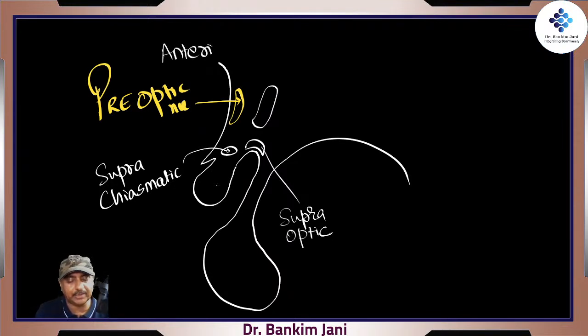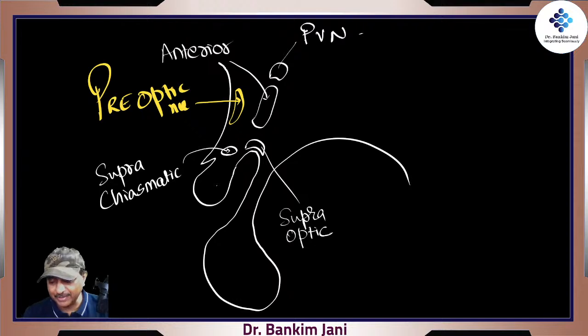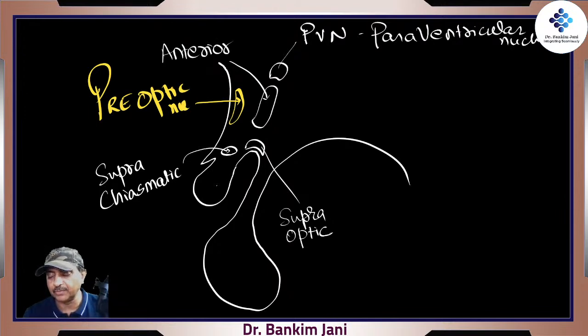Because all of them are nuclei, we are just writing anterior. On the top, there is one over here like a cap. This is PVN. What is this PVN? PVN is paraventricular nuclei. Don't confuse it with periventricular nuclei.